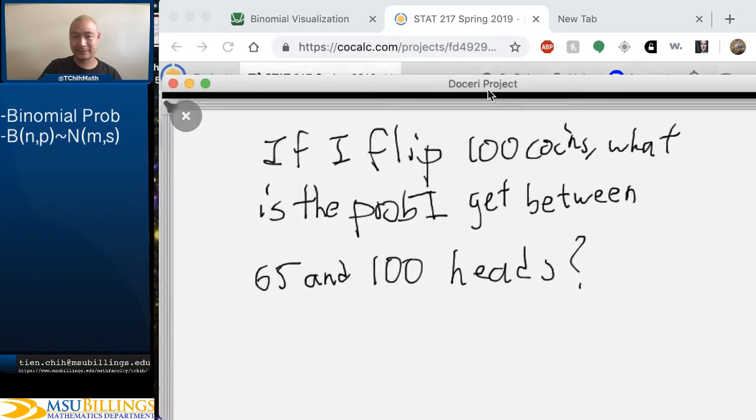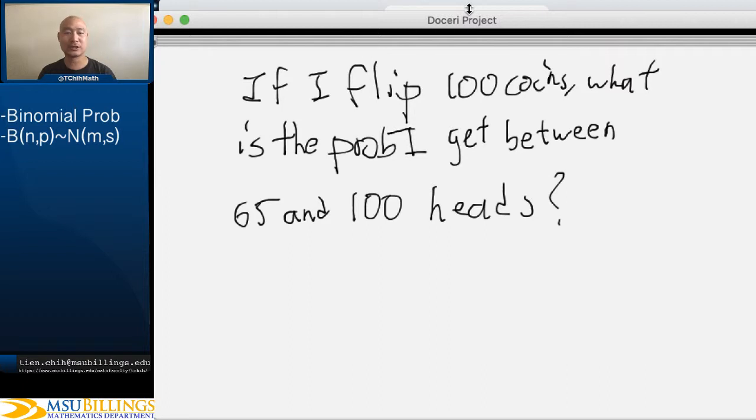So if I flip 100 coins, what's the probability I get between 65 and 100 heads?